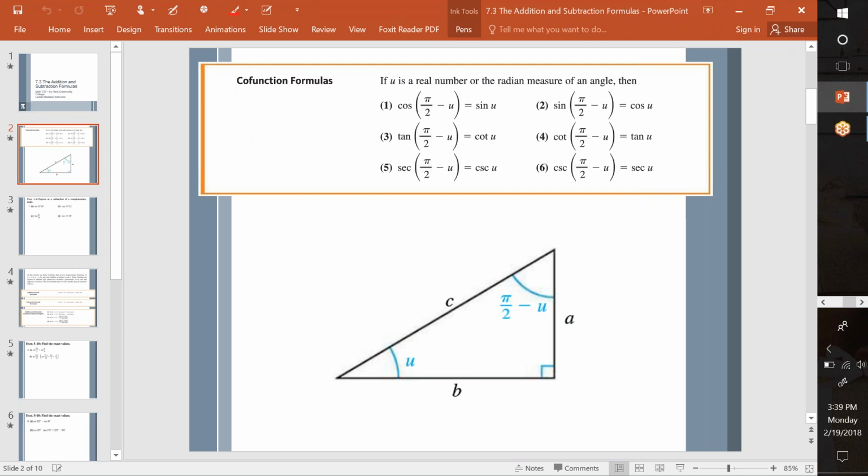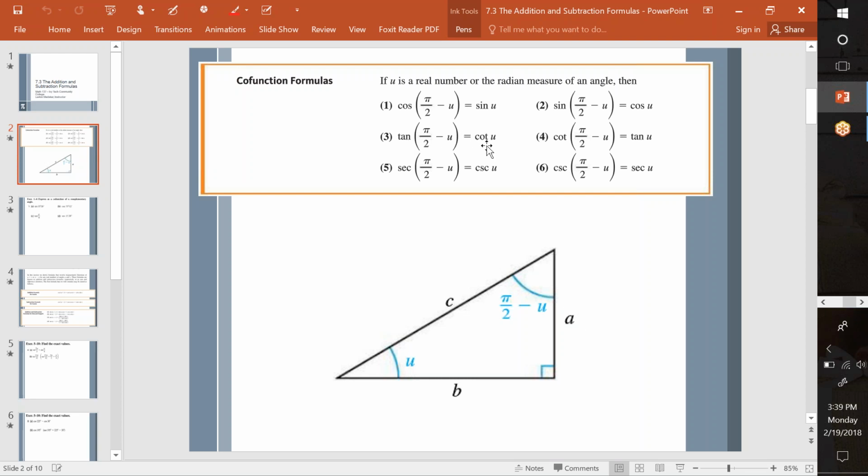The cofunction formulas say that the cosine of 90 degrees minus u is the same as sine of that angle. If you take sine of this angle, which would be opposite over hypotenuse, a over c, that's the same thing as cosine of this angle, which is a over c.